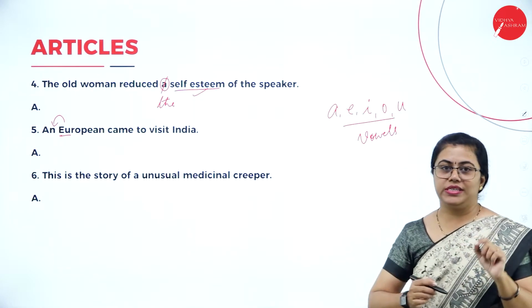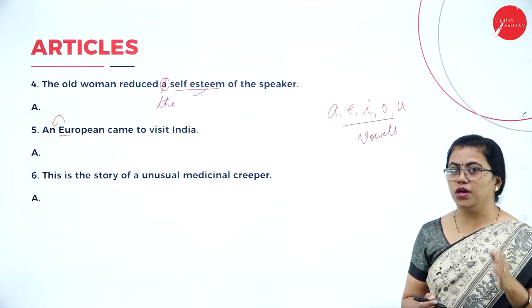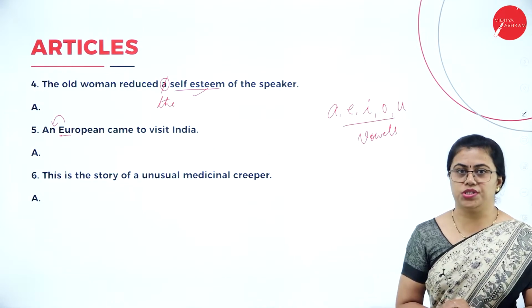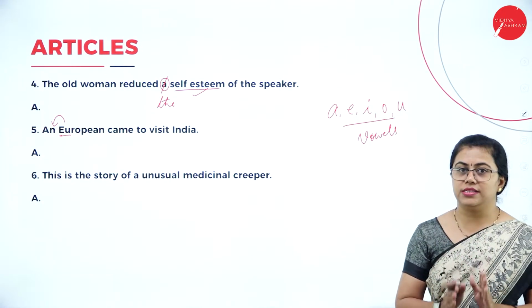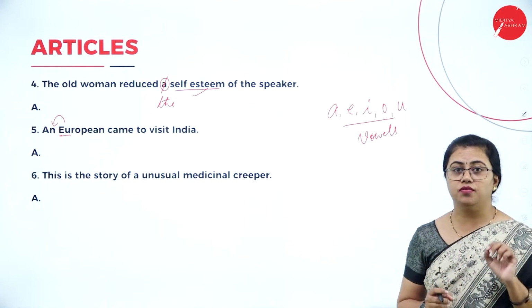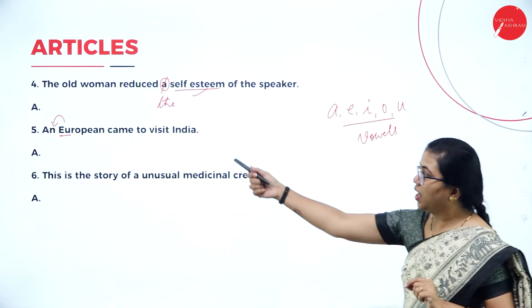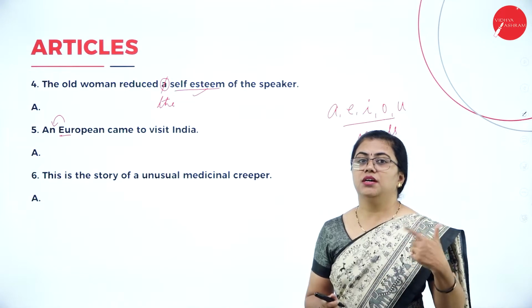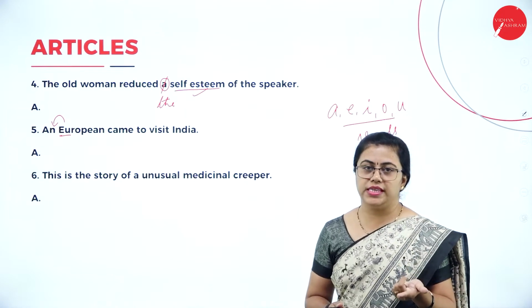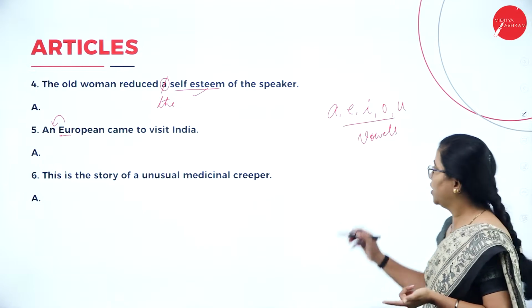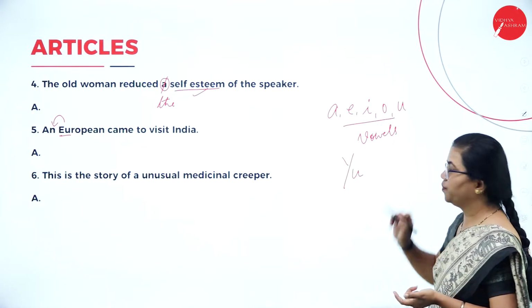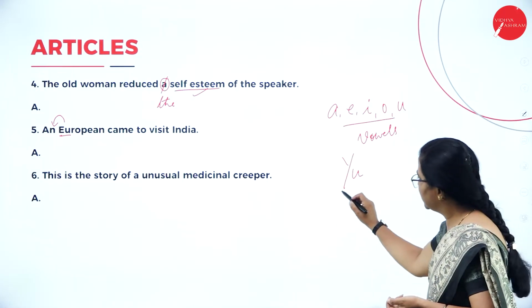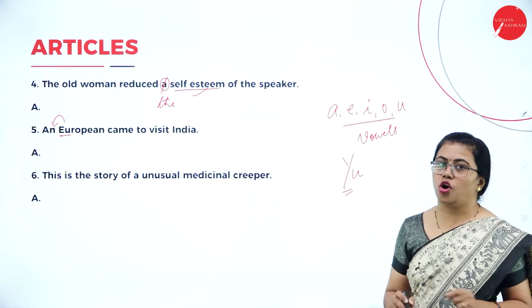Whenever you are using articles with words beginning with vowel sounds, please do not consider the vowels, but consider the vowel sounds. Here, European, E is a vowel, but the pronunciation is European. You pronounce it as U, isn't it? So this is not a vowel sound, it's a consonant sound.